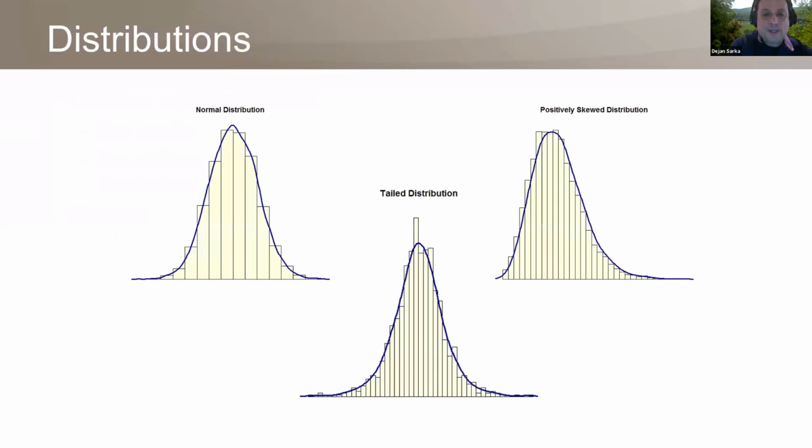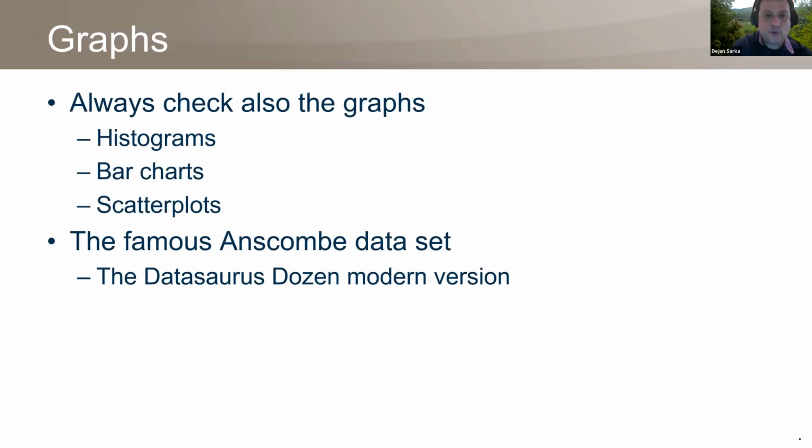So we have these options. We have normal distribution, we have positively skewed distribution, long tail on the right, or important tails on both sides, we have tailed distribution. However, you should always check the graphs as well. Just a brief overview. I know it's kind of hard to check 500 graphs if you have to deal with 500 input variables.